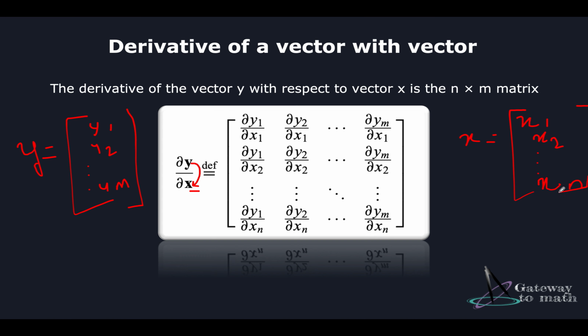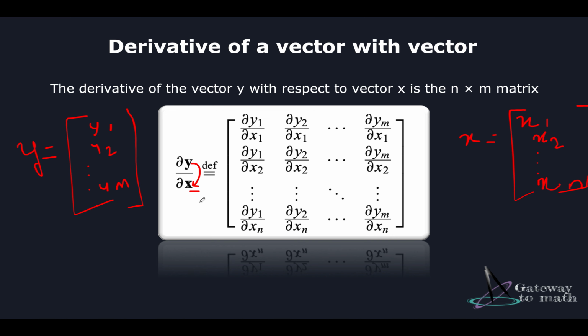Here we need to find the partial derivative of vector y with respect to vector x. So let us understand in steps what is going to be the partial derivative of vector y with respect to x. Step first, calculate the number of rows in the final output.